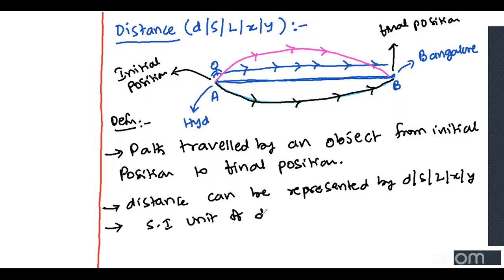SI unit of distance is meter, which is indicated with m. Meter is not a scientist's name, so we indicate it with a small letter.